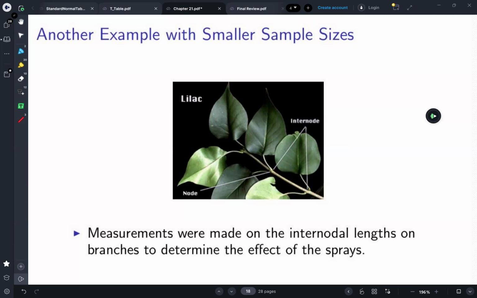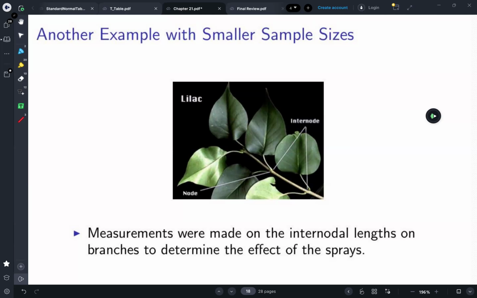So this chapter is about comparing two population means. Can you kind of tell where I'm heading with these trees? Some trees are going to be sprayed, and then some trees will not be sprayed, right? So we'll have a control and we'll have a treatment.